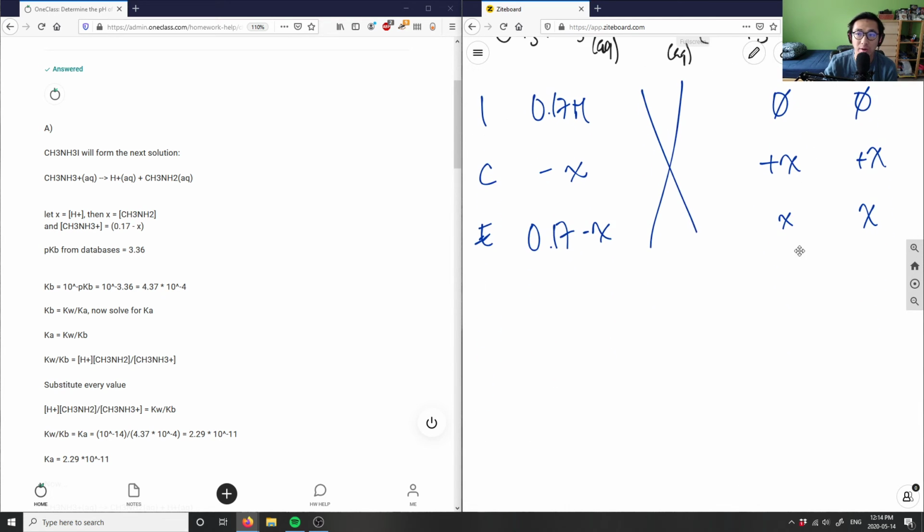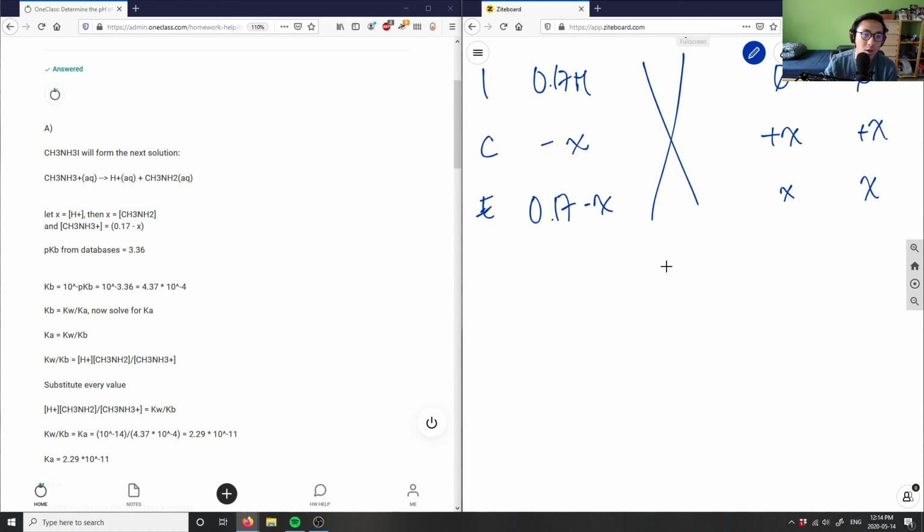Now we can write our expression, right? Before we write our expression, I'm going to assume that this pKB is right. So this pKB of our CH3NH2 equals 3.36. To solve for the KB expression, let me do this in black actually, because it's not part of my ice table anymore. My pKB here is 3.36.